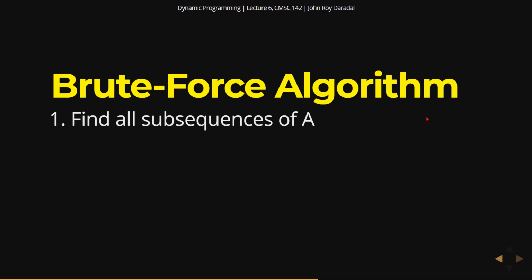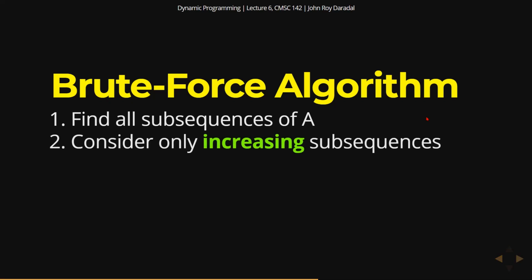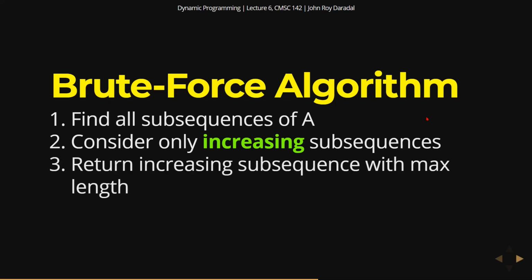For the brute force, what we'll need to do is find all subsequences of A first, right? And we'll only consider those that are increasing subsequences. So we'll filter out those that are not increasing. And then we'll return whichever increasing subsequence has max length. So it seems pretty straightforward, right?